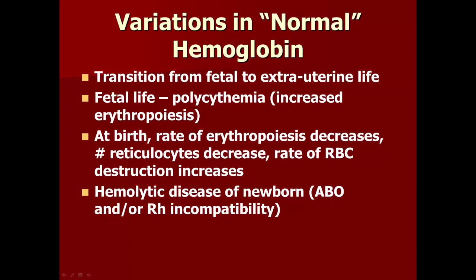Now, what happens with this red blood cell destruction is that there would be a release of bilirubin because they're destroying those red blood cells. Now that bilirubin has to be processed.